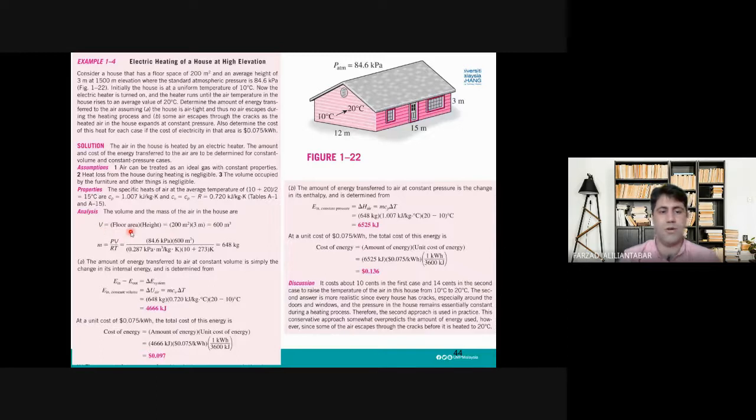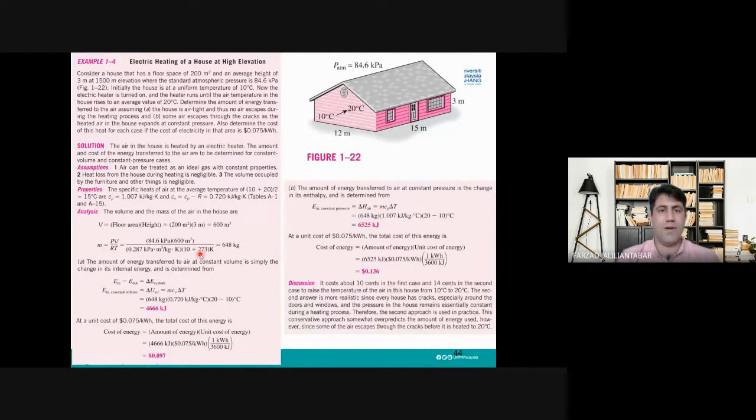V is equal to floor area times the height, 200 times 3, 600 meter cubed is the volume of the house. Now we have the volume of the house, which, based on our assumption number 3, is equal to the volume of the air. So the volume of the air is 600. But what we need to put in this equation is mass.